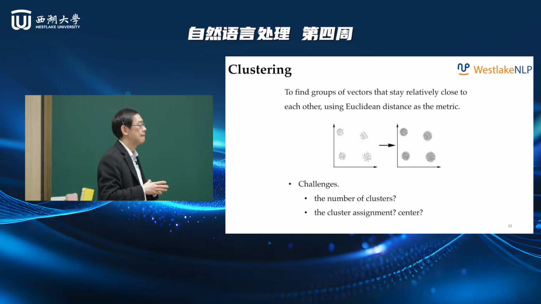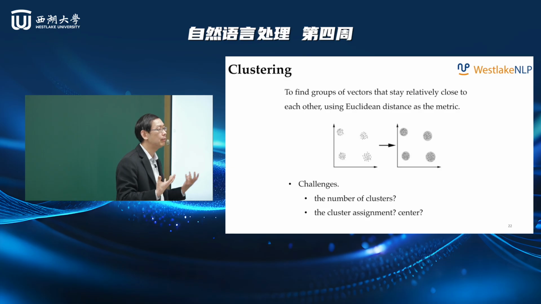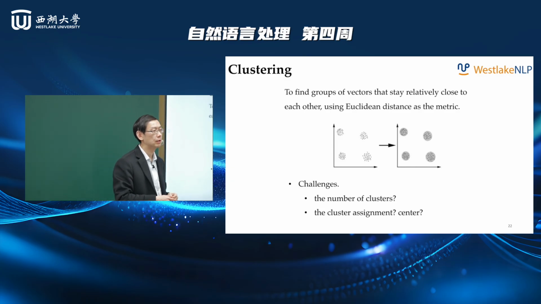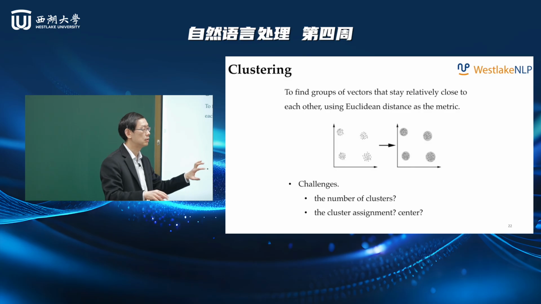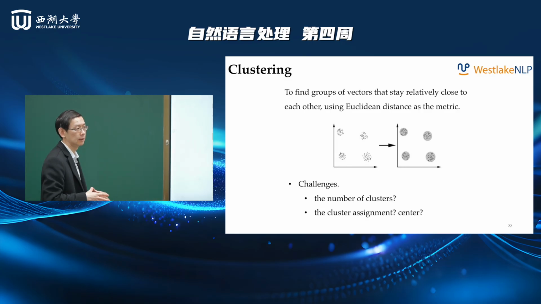The first thing an algorithm struggles with is how many clusters there actually are. When we look at a picture of dots, we can see this is a group, this is a group, but for algorithms this is challenging.